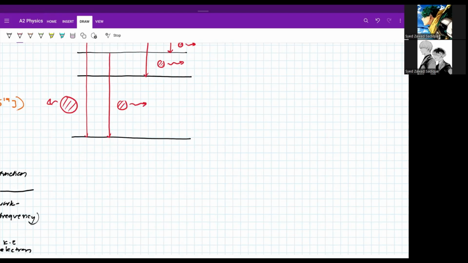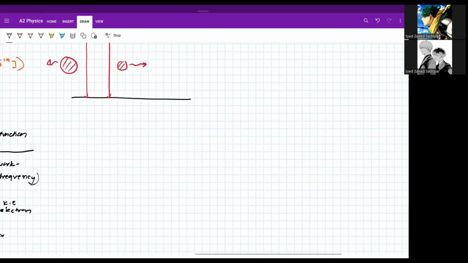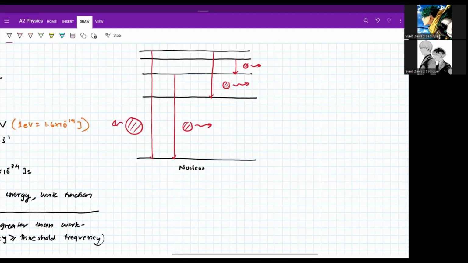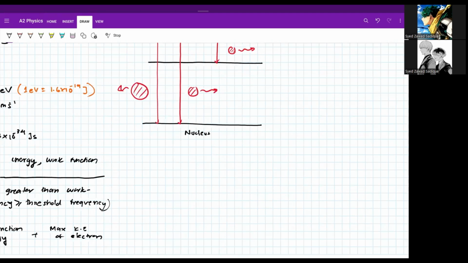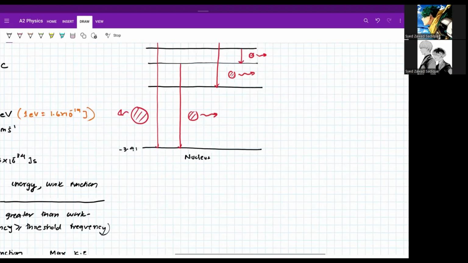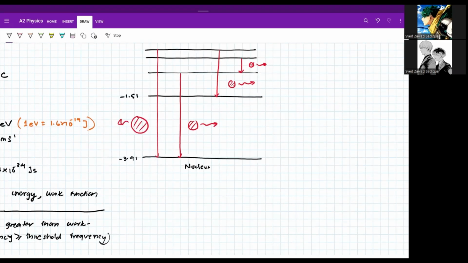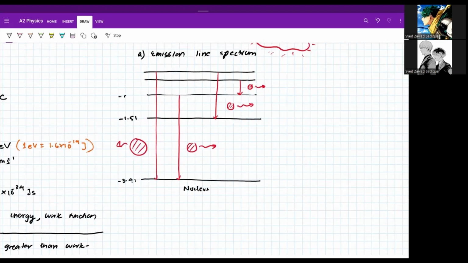Let's say this is the nucleus. Consider these lines as the electron shells. This is actually a hydrogen atom. Minus 3.41, minus 1.51, minus 0.85, minus 0.55, minus 0.38.